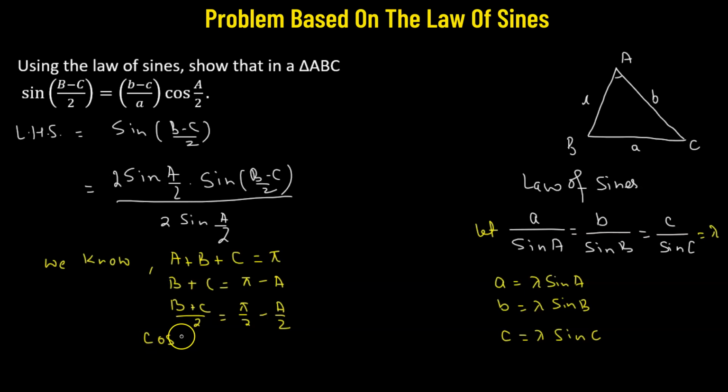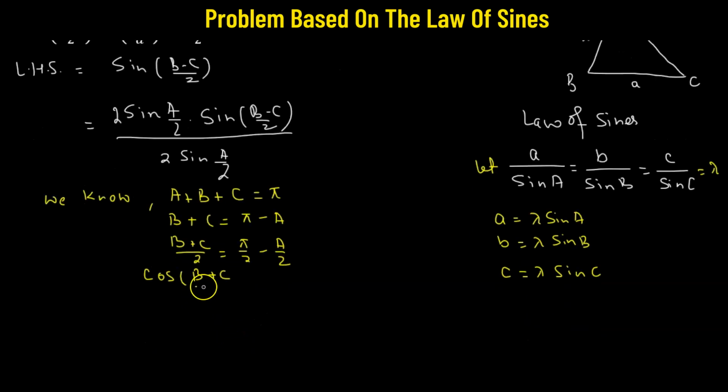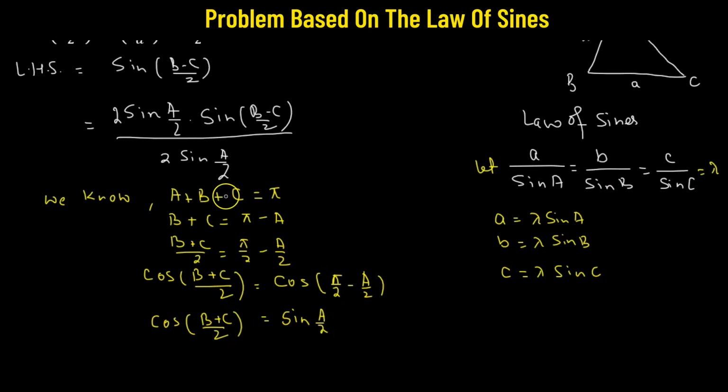Cosine of (B plus C) over 2 equals cosine of (pi over 2 minus A over 2). What's the value of that? That's simply sine A over 2, because here we have an odd multiple of pi over 2, one times pi over 2, one being an odd number. The cosine must transform to sine and the new angle will be A over 2. Meaning cosine of (B plus C) over 2 is equivalent to sine A over 2.